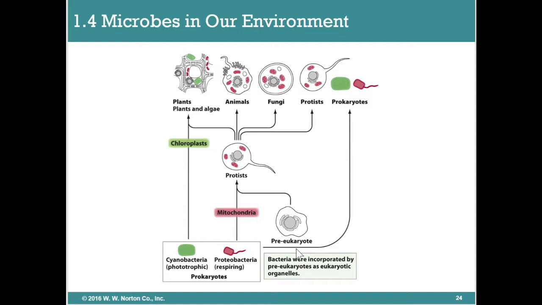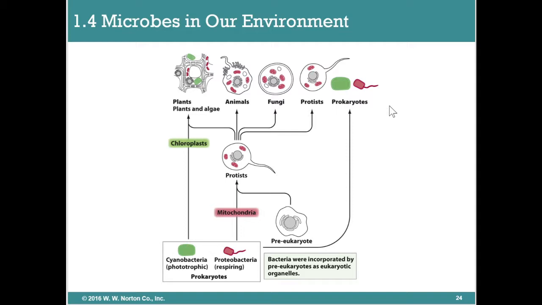So we had bacteria that had chloroplasts in it and a bacterium that had mitochondria in it. Then this pre-eukaryotic cell took up either one of these, and then it evolved into either plant and algae, into animal, fungi, protists, or it just stayed a bacteria, either way.